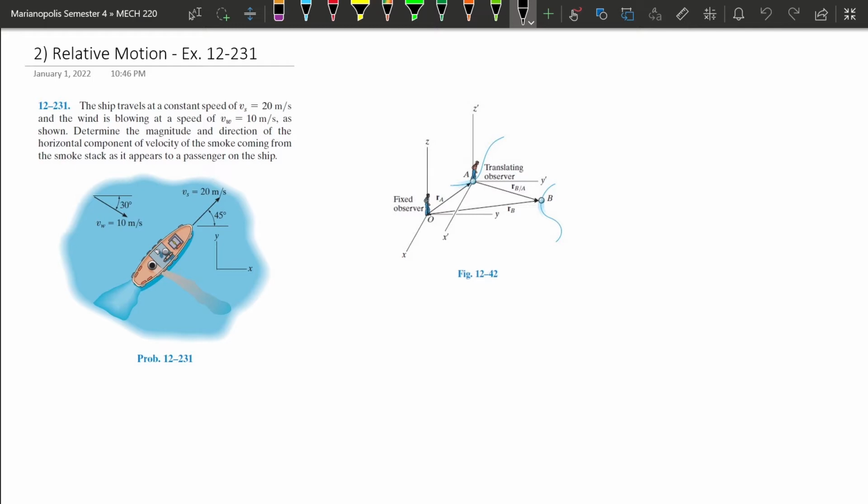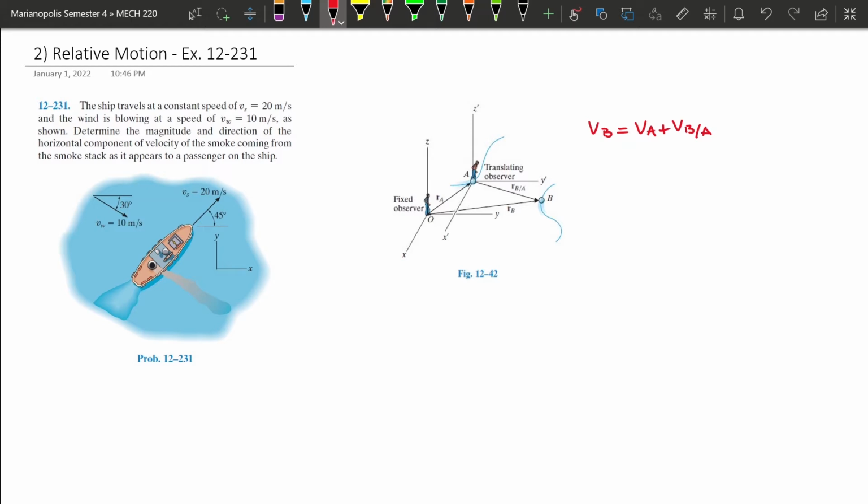Just before starting, I want to show this figure 12-42 from the book, because it helps you grasp what the equation is. Here they show the distance vectors. Let's say we have the formula VB is equal to VA plus VB with respect to A. Let me quickly show you where that comes from.